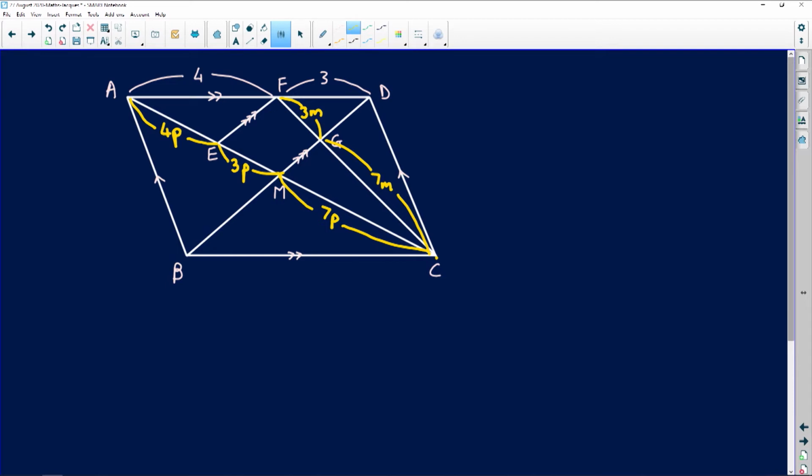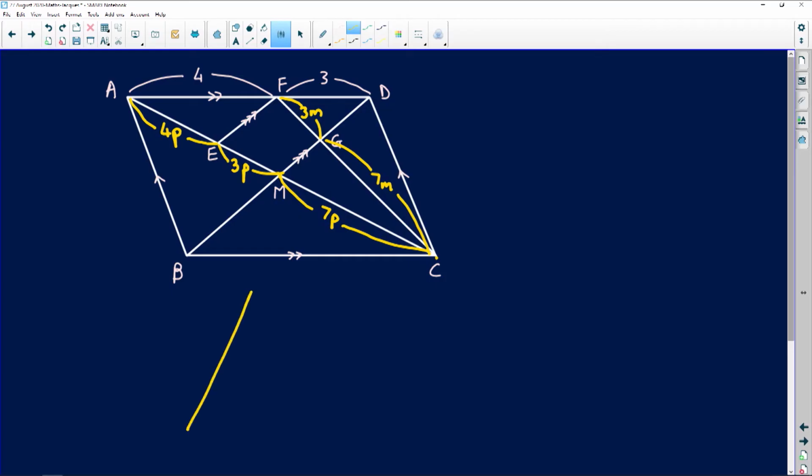Why is that the case, folks? Because there's a line that runs from one side of the triangle, parallel to the third side, to the other side of the triangle. So we've got a triangle in both cases with a line that runs parallel to one of the sides. The result is that it divides the other two sides proportionally.